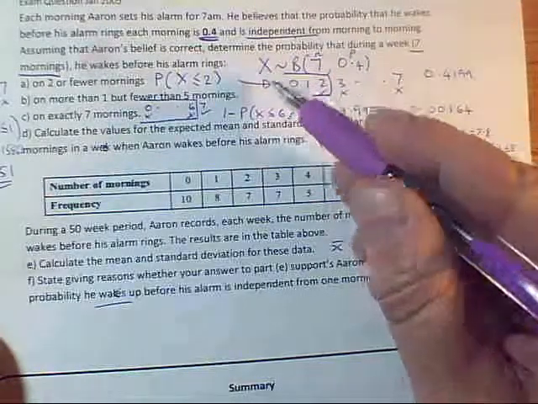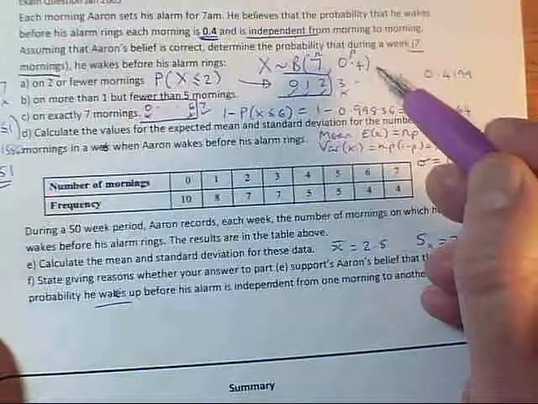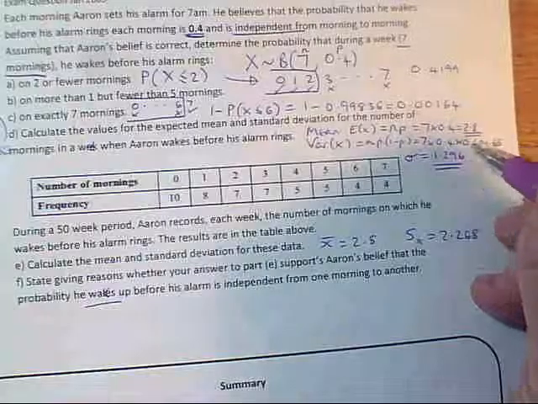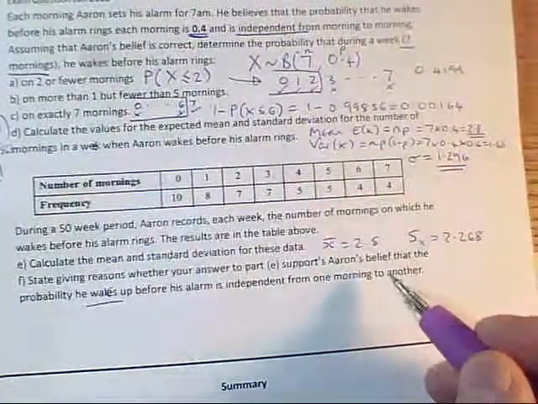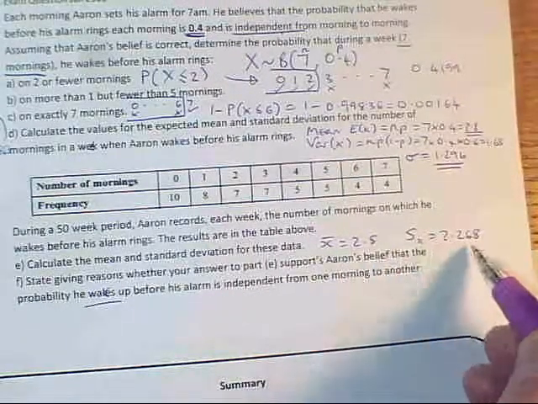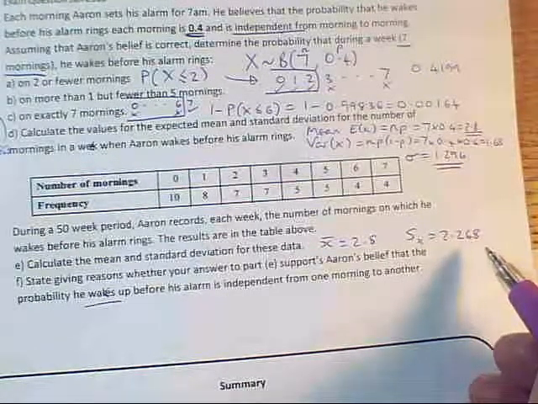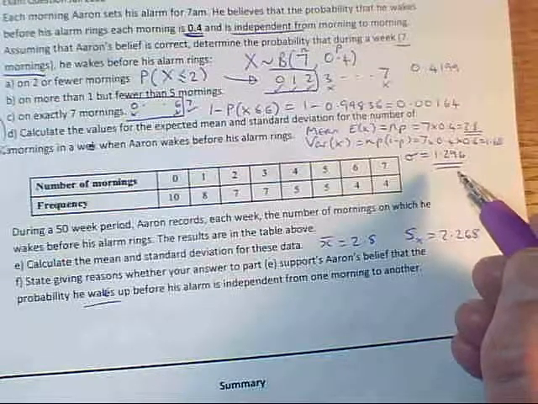So this distribution is on trial. Do we believe it really is binomial or not? Well, if it was binomial, it would have a mean of 2.8, and it would have a standard deviation of 1.296. Now, it turns out the sample data has got a mean of 2.8. Well, that's good. But the standard deviation of the sample of 2.268 is quite a long way away from what the standard deviation would be for binomial.